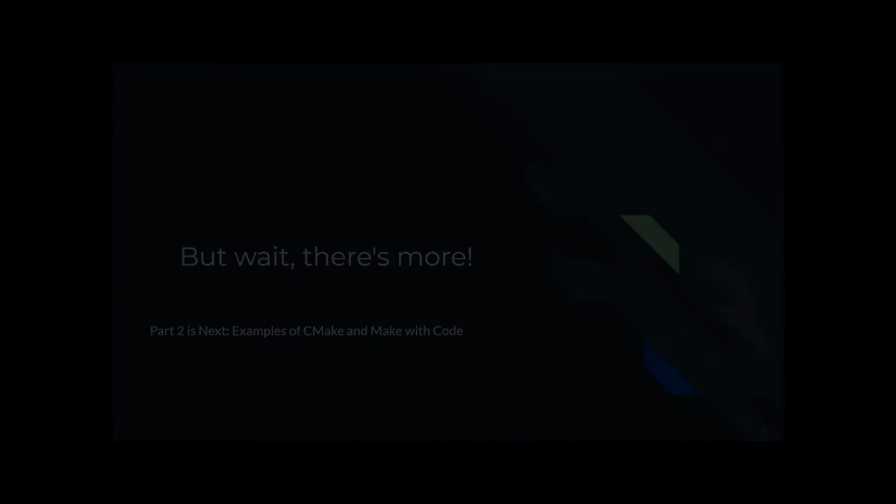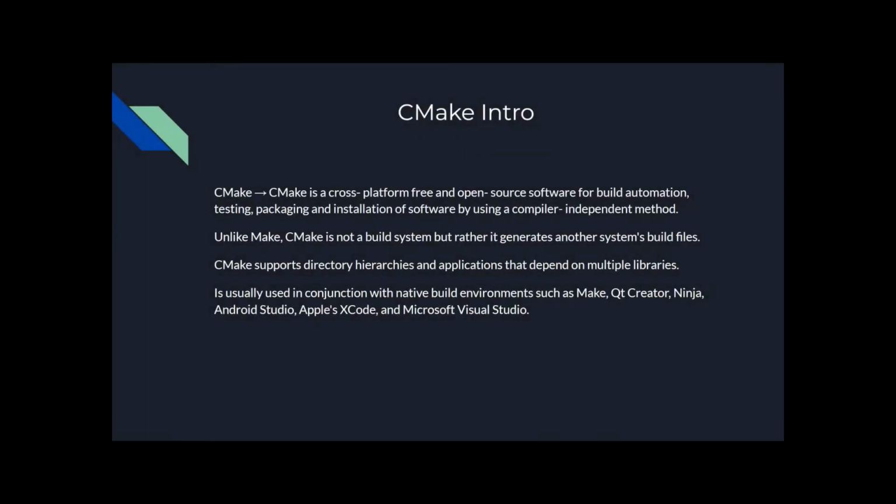Like I said, CMake can be used in conjunction with Make and all of these other native build environments. So, pretty nice. And I'll show you later in the next video an example of something you could use. It's a very simple example, just a brief intro, and that's it.